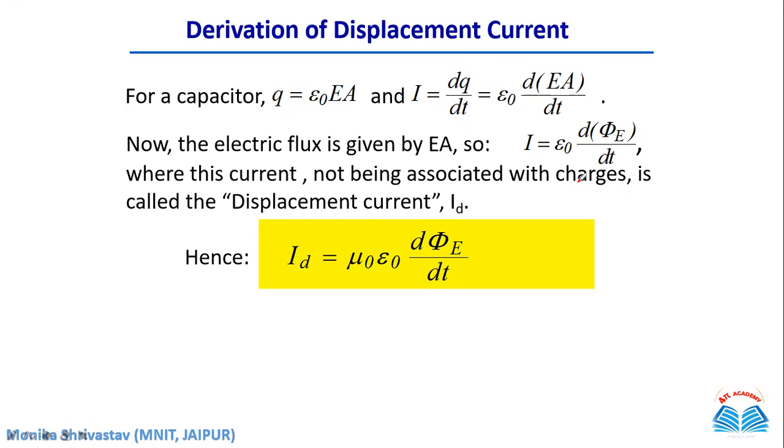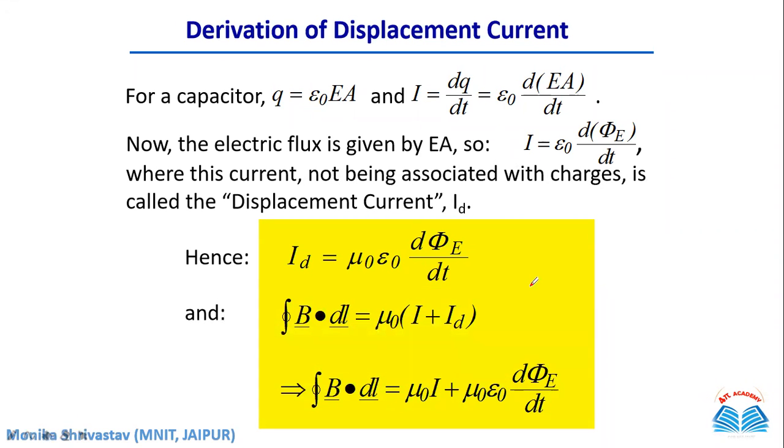So this whole term is I, and if we multiply this by mu naught, we are not finding any charge in this equation. So when there is no charge, the current is called displacement current. So this is the equation of displacement current.